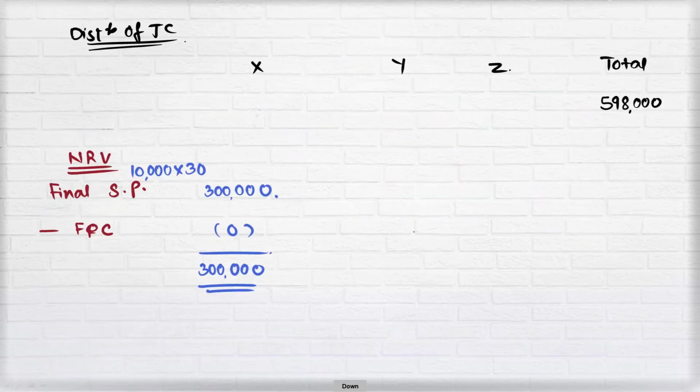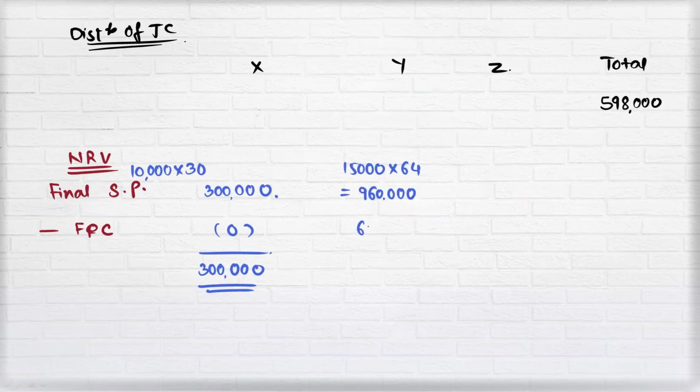Full 15,000 at the rate of 64. What is the final value? Can you tell me? 9 lakh 60,000 minus further processing cost 6 lakh 60,000. What is the answer? 3 lakh.